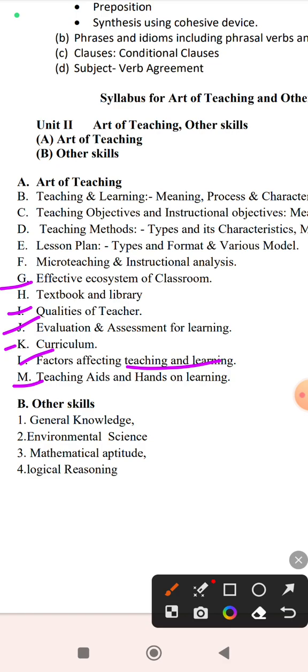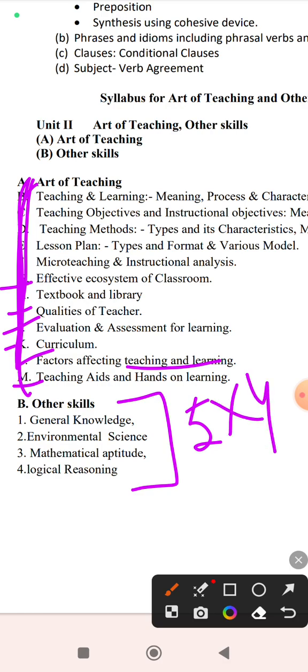Mostly this is based on the KVS and EMRS exam pattern. Then for the next 20 marks we have 5 into 4: general knowledge 5 marks, EVS environmental science 5 marks, mathematical aptitude 5 marks, logical reasoning 5 marks.